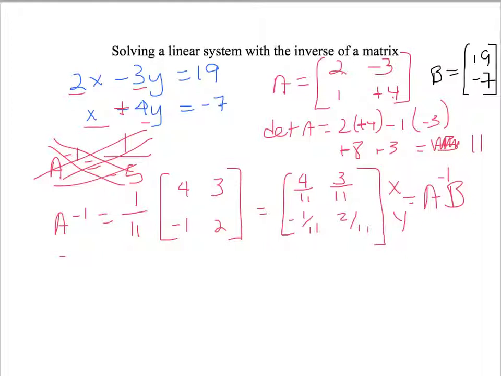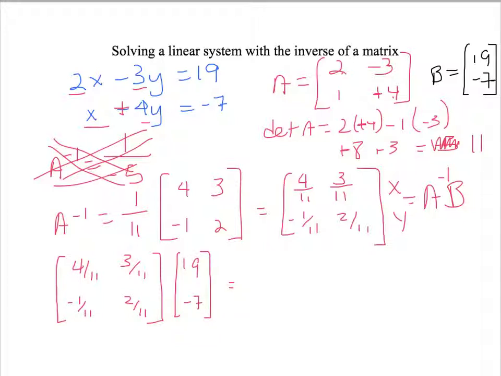I have the inverse of A, which is 4 over 11, 3 over 11, negative 1 over 11, and 2 over 11, times (19, negative 7). Wow, this looks great. So let's do this. All right, first row, first column.